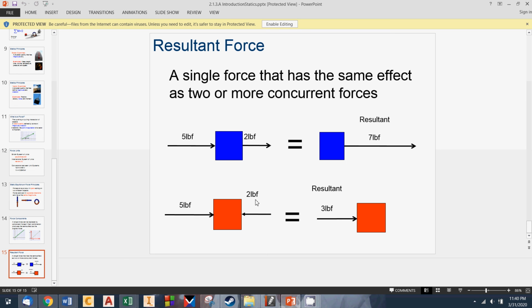The 2-pound force to the left would be negative. So we'd have positive 5 and negative 2. So we ended up with a positive 3. So the force here is going to be positive 3, which means it's going to the right, 3 pounds. And notice, even though we have the same numbers here, the directions are important because we'll get 7 pounds on one and 3 pounds on the other.